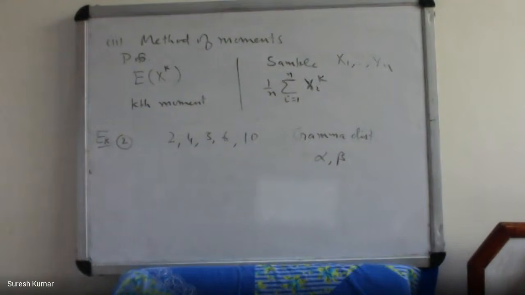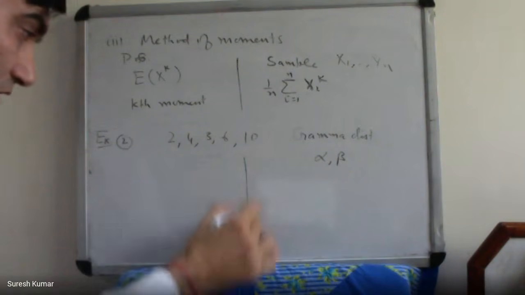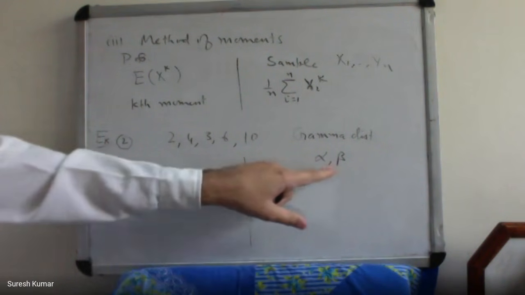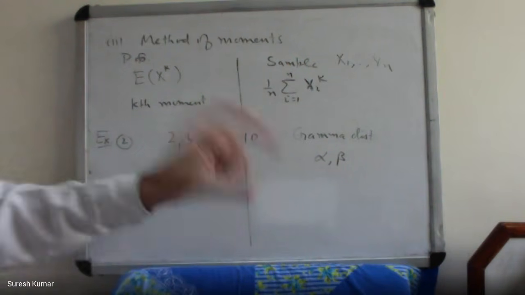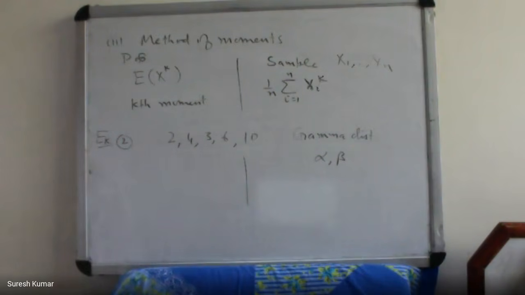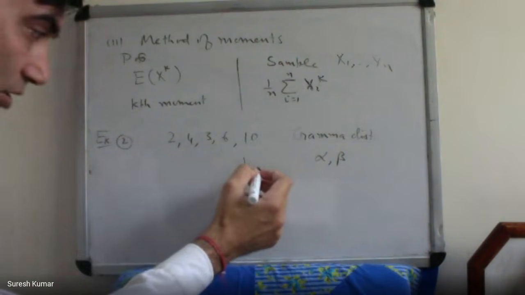You know, the gamma distribution is characterized by two parameters, alpha and beta. So here what you need to recall from the gamma distribution? Moments, first moment and second moment, because there are two parameters to be estimated, so you need two equations. On one side find population moments, on the other side sample moments. The sample is given to you, so you can easily write the sample moments.